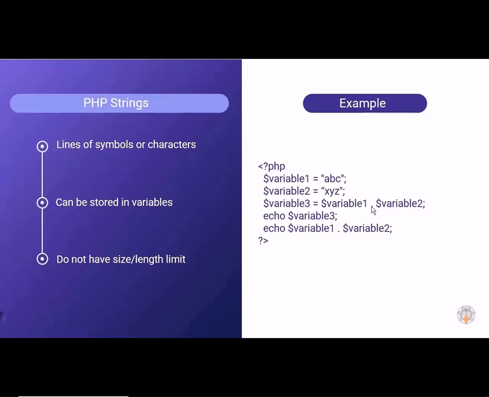To concatenate two strings we use the dot operator. So here in variable 3 I am concatenating two strings, variable 1 and variable 2, and I am printing that string.